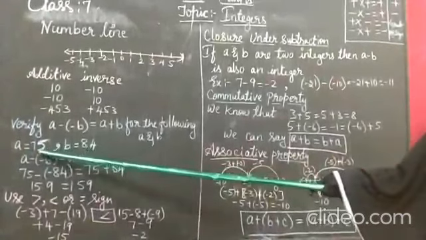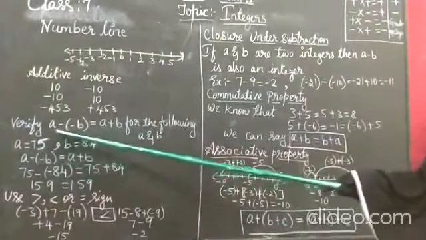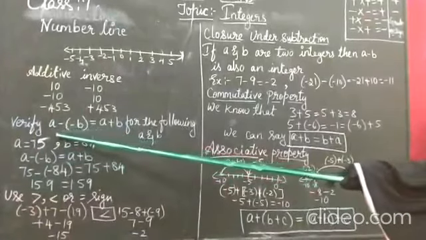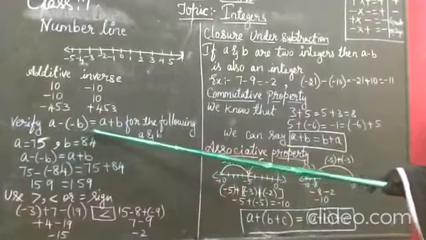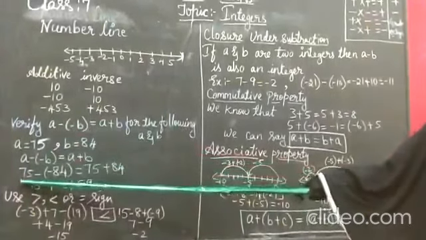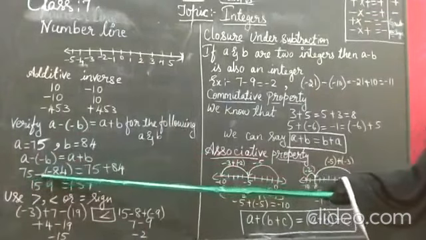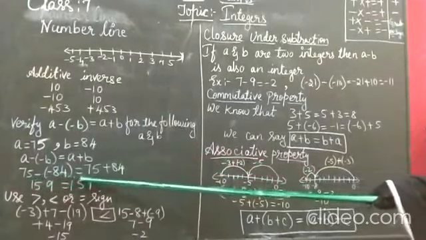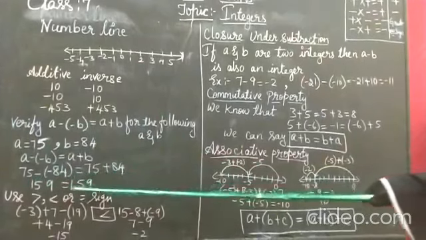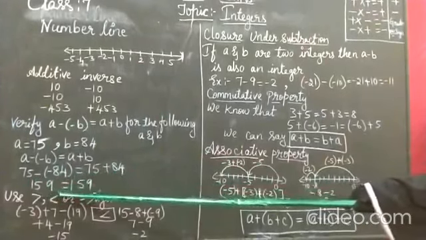Now substitute the values of a and b in the given format: a minus of minus b is equal to a plus b. After substituting, it becomes 75 minus of minus 84, that is equal to 75 plus 84. Here you can see both are equal.